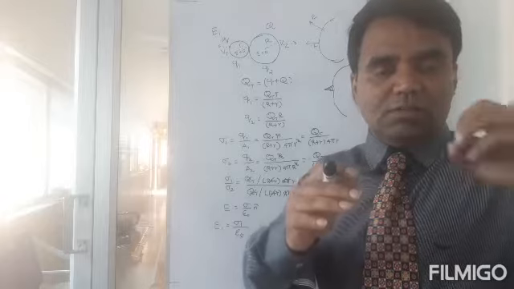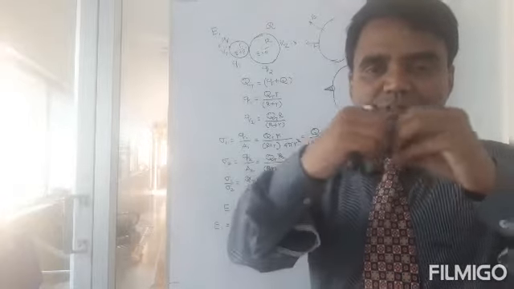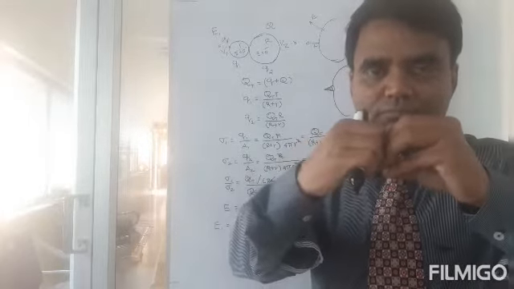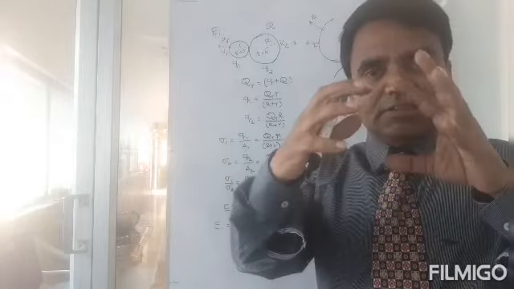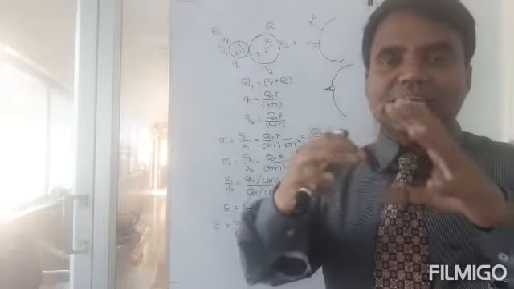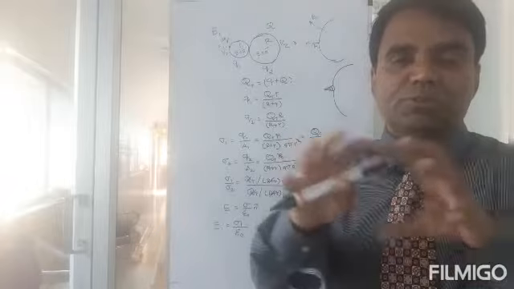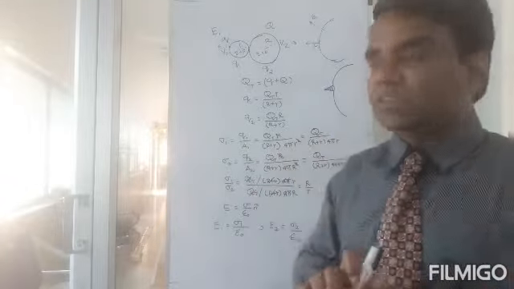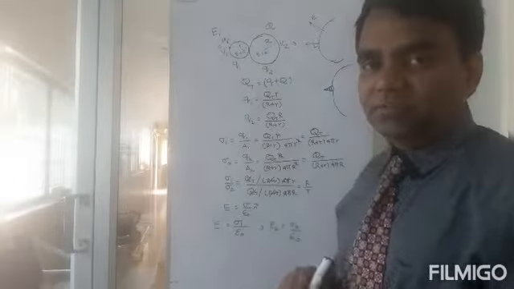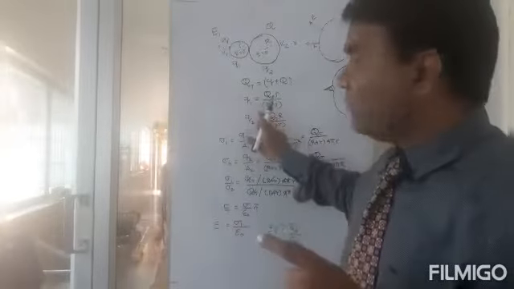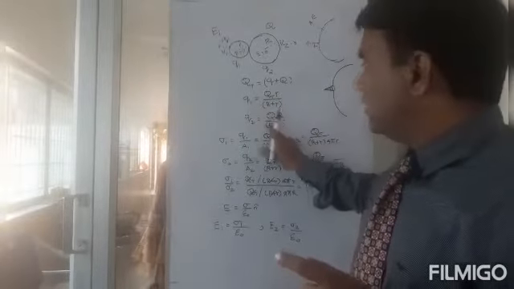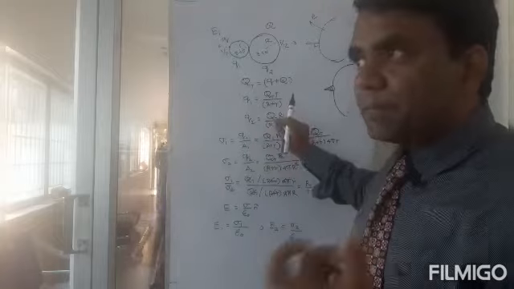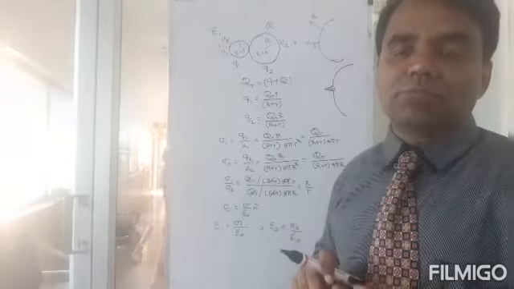So V1 on one conductor must be the same as V2 when they touch each other. And if there are spheres, then you can calculate how the charges will be distributed between the two spheres. So we saw it here. The smaller sphere will have smaller charge, and the bigger sphere will have a bigger amount of charge.